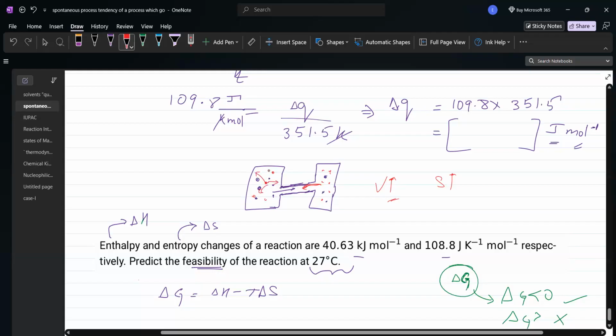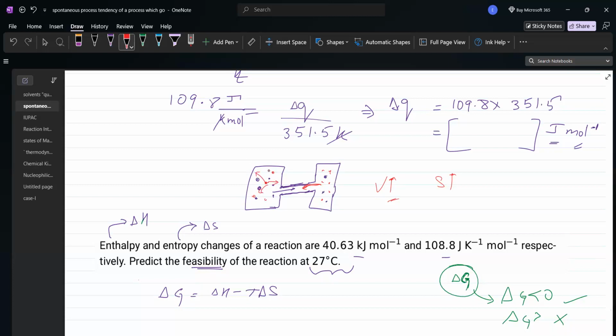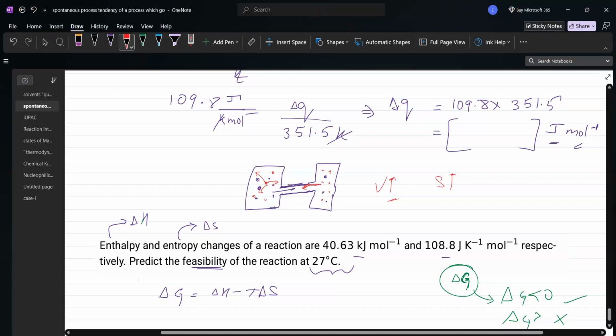They have more options, more random energy, and can move around more. That is why we can say that randomness has increased. Also, the probability of collision has increased because there are other gaseous molecules as well.